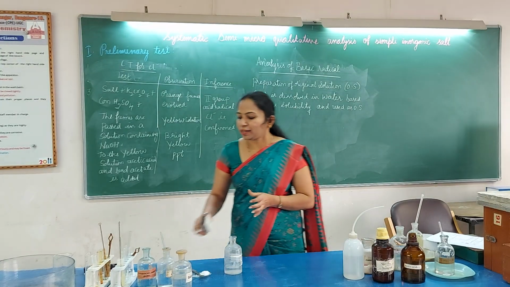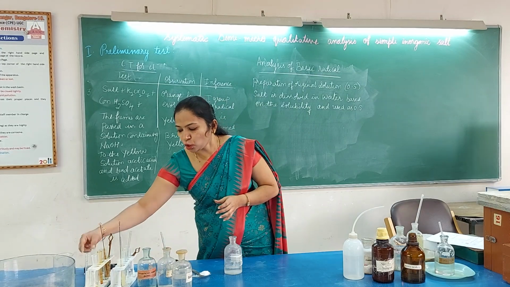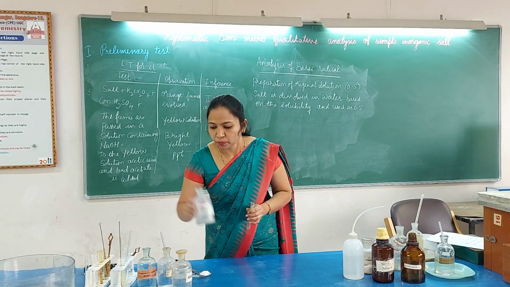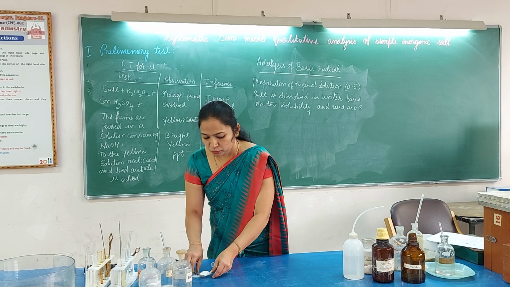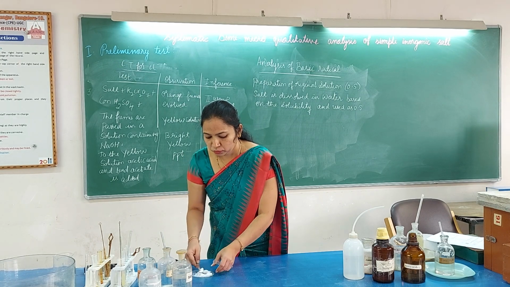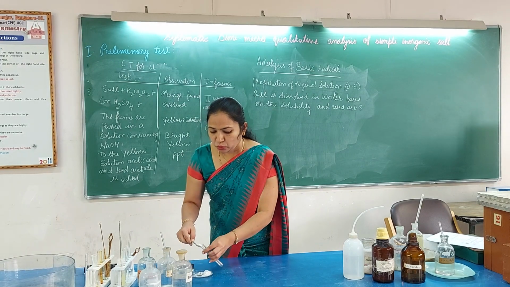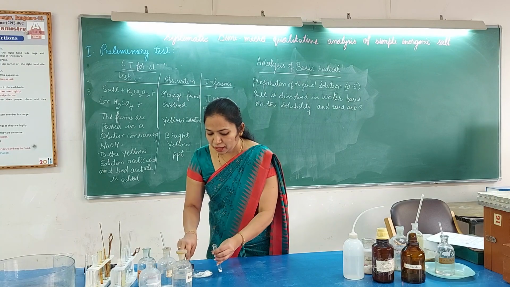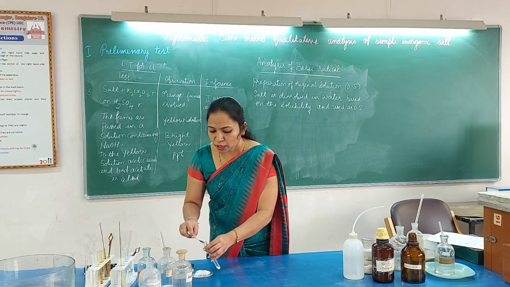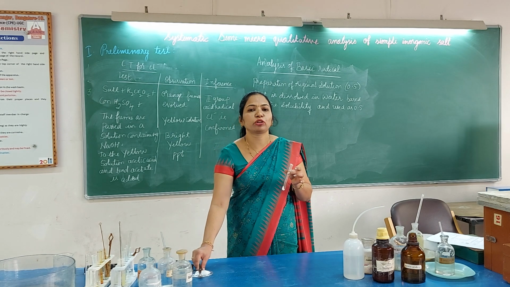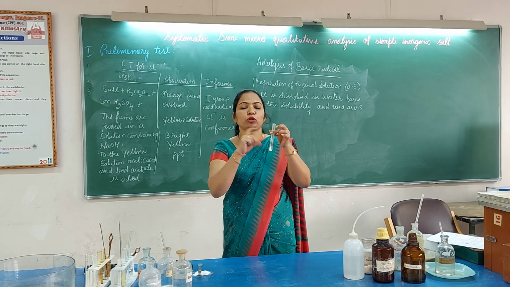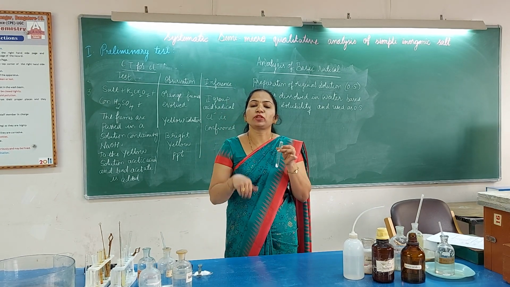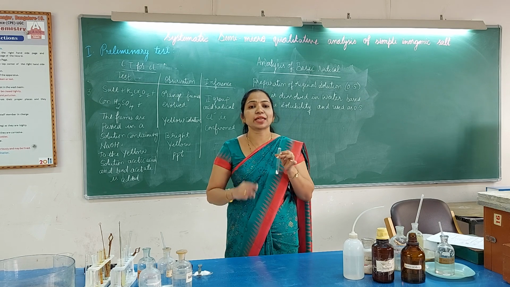So now let us do the solubility test. I have taken more amount of the salt because you have to prepare the original solution nearly 3/4 of your test tube, because you have to detect the basic radical nearly up to 6th group.